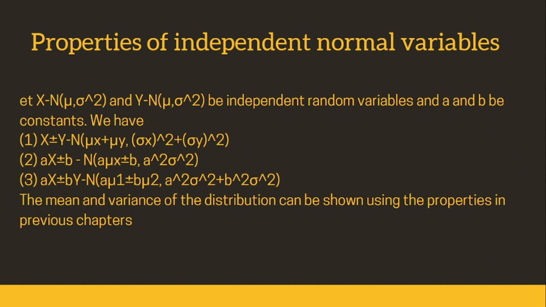Then for aX + b, we apply the a to just the X, then add b, and if we have aX + bY, we apply the a to the X terms and the b to the Y terms. The mean and variance of the distribution can be shown using the properties from previous chapters. Everything here is also associative and commutative, the same as discrete random variables.